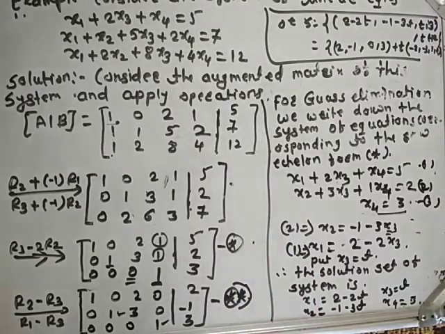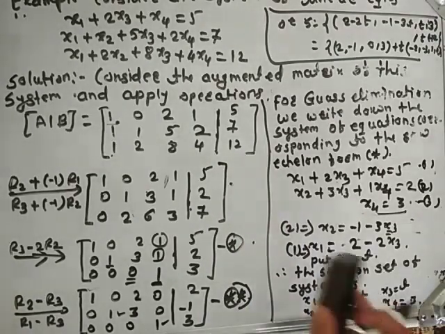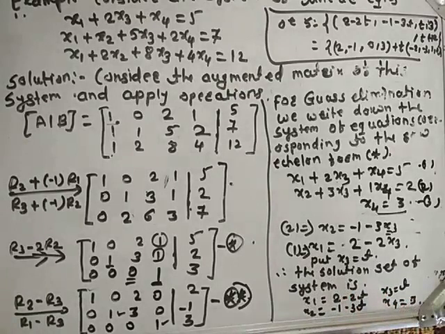Okay, now we have to find the solution of this system by using the Gauss-Jordan elimination method. For the Gauss-Jordan elimination method, we use the reduced row echelon form of the given augmented matrix.